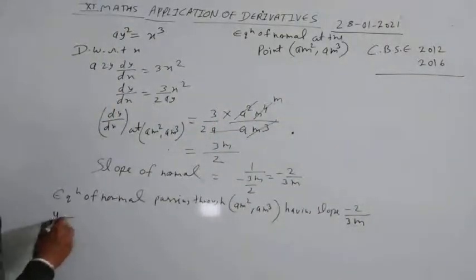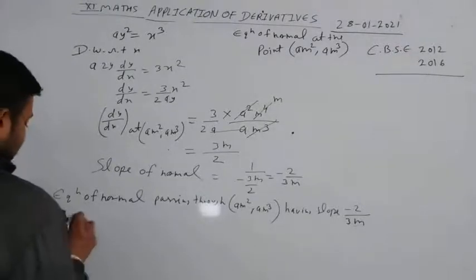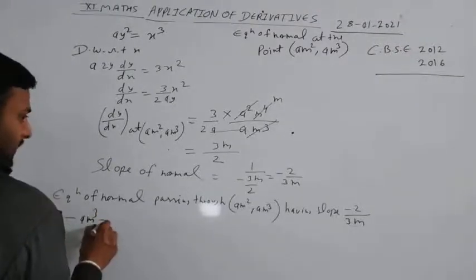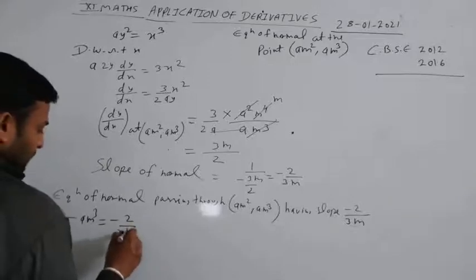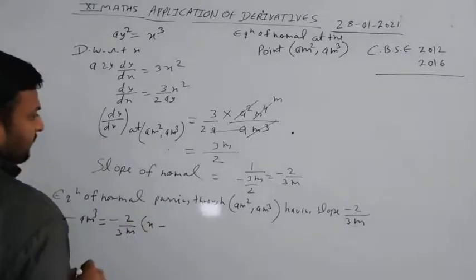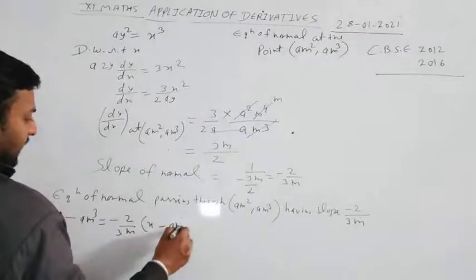So this is y - y1 = m(x - x1), where x1 is am².